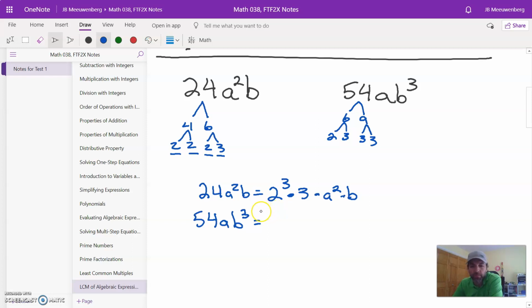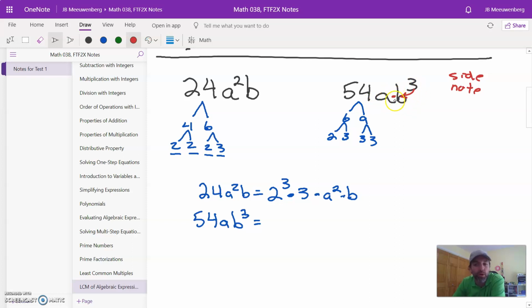here's one other thing I just want to make a side note. When we have multiple variables and an exponent, remember the exponent only applies to what's directly beneath it. This 3 only applies to the b. It is a times b cubed.